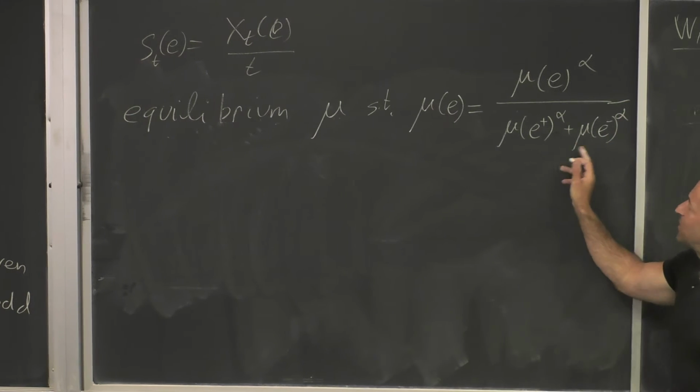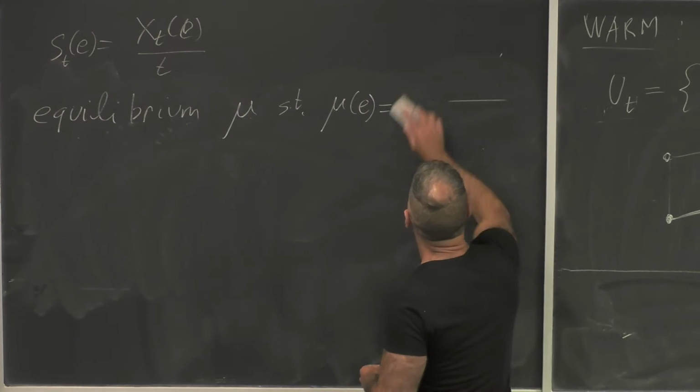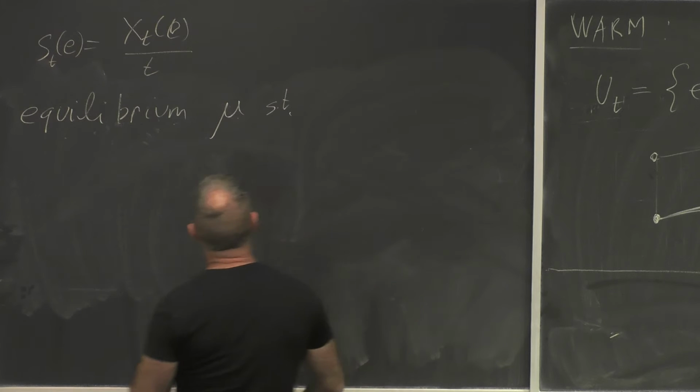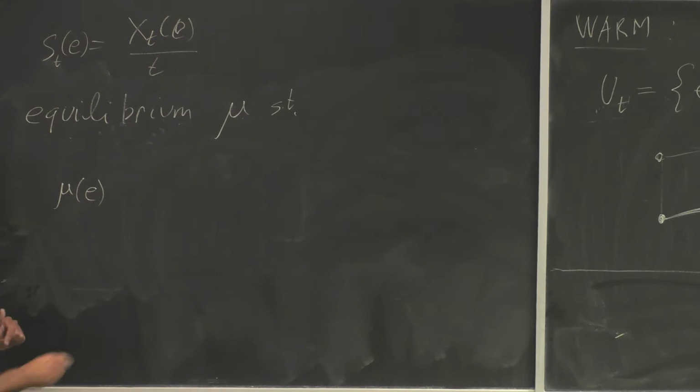Sorry, that's not the right formula. You want mu of E to be the probability that an edge is reinforced.